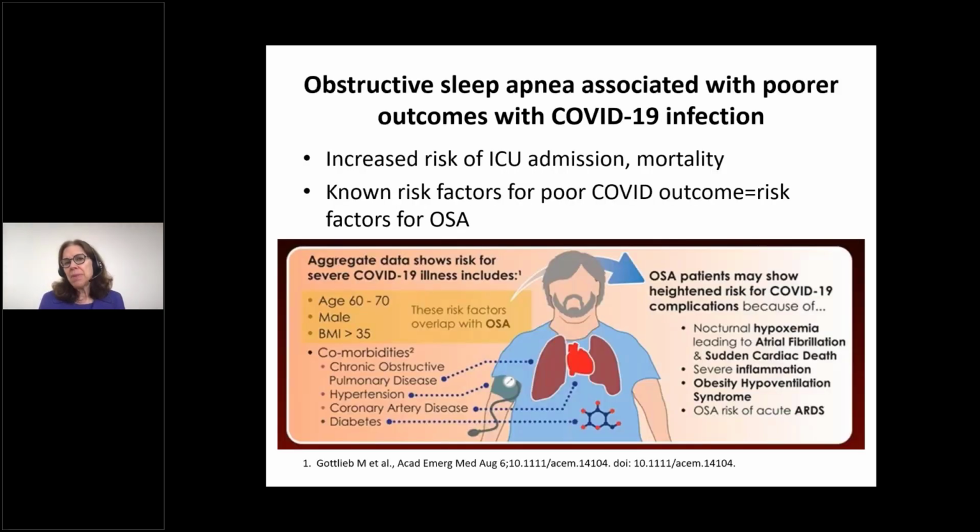Obstructive sleep apnea, as I mentioned, is associated with poor outcomes with COVID-19 infection. People with apnea are at increased risk for ICU admission, for dying from COVID.